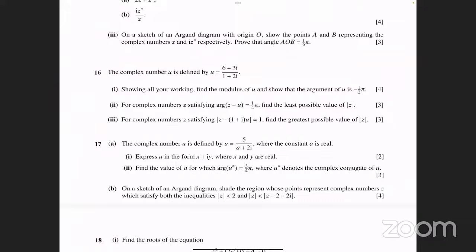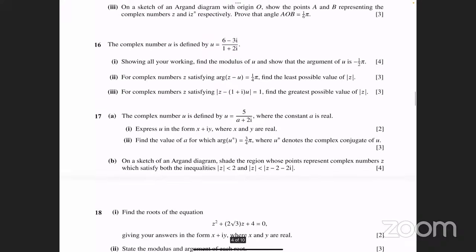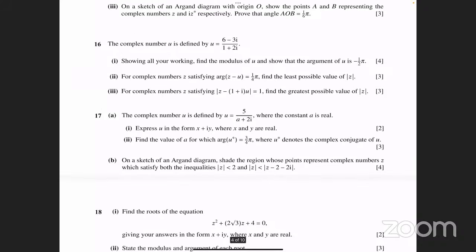Now, for this, I am going to look at a particular part as well. This is question number 16 from the worksheet.